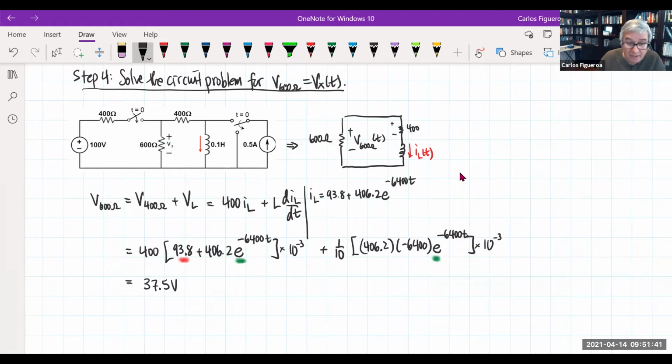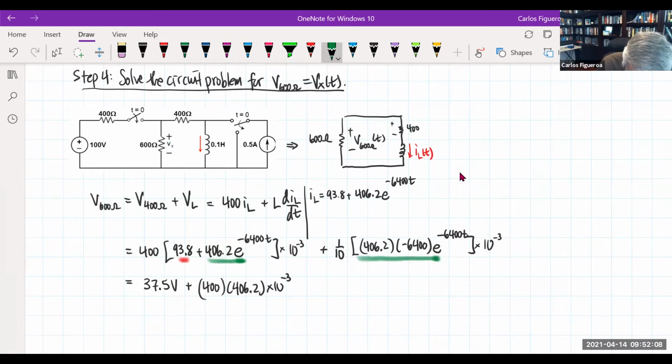Now I have two exponential terms. So you're going to see 400 times 406.2 times 10 to the negative 3. So maybe I should write this out. So this should be 400 times 406.2 times 10 to the negative 3. That's the first term, right? That's this whole first term right here. Now I got to deal with this whole term right here.